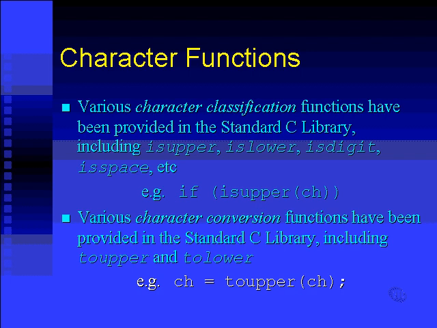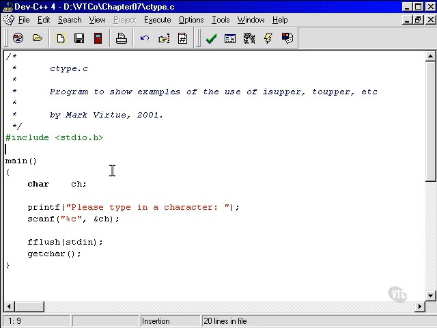Okay, let's have a look at some code examples. Here's a program that I've called ctype.c, the c in ctype being character type, and it is going to illustrate how to use isupper and toupper and all those ones I just mentioned a moment ago. So we go and get a character from the keyboard. Now we can do this sort of behavior.